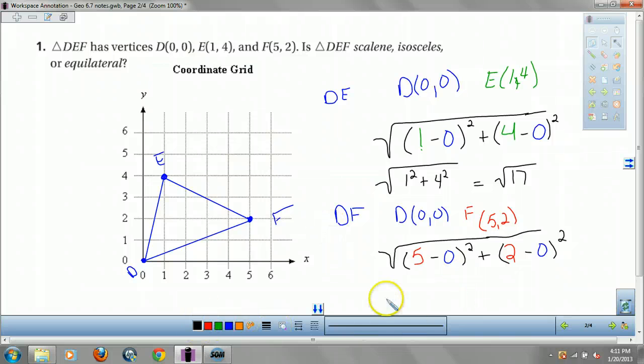So we end up with the square root of 5 squared plus 2 squared, which is the square root of 29, which cannot be broken down anymore. Well, at least we eliminated the fact that it can't be equilateral, right?